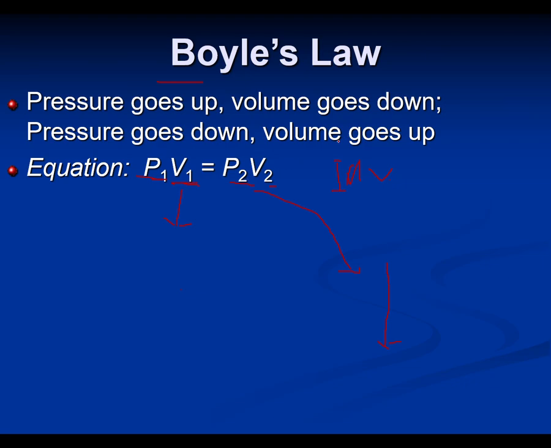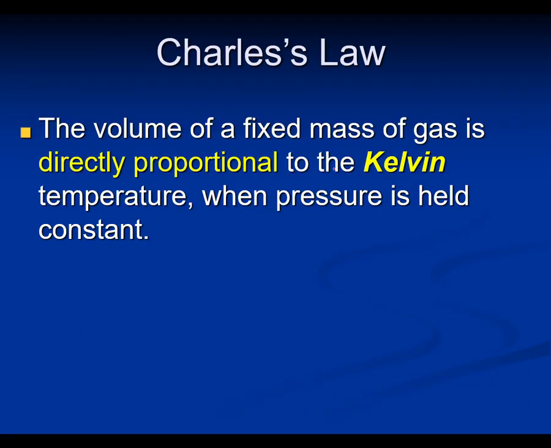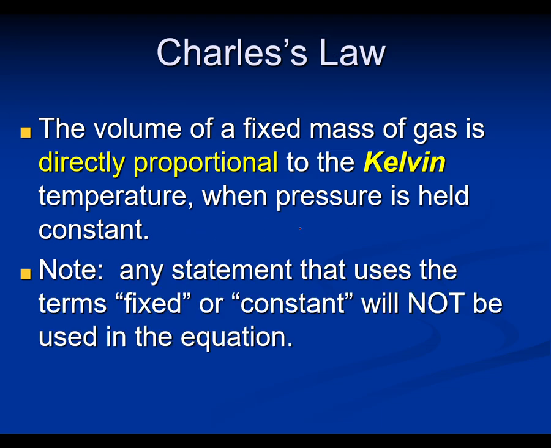Boyle played the violin. Charles' law. The volume of a fixed mass of gas is directly proportional to the Kelvin temperature when pressure is held constant. So what does that mean? Constant. Any statement that uses the terms fixed or constant will not be used in the equation.